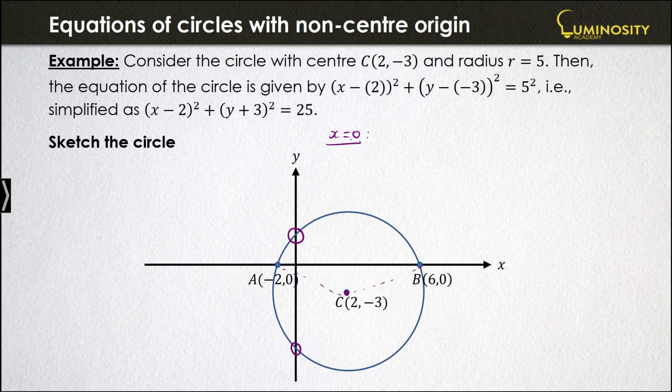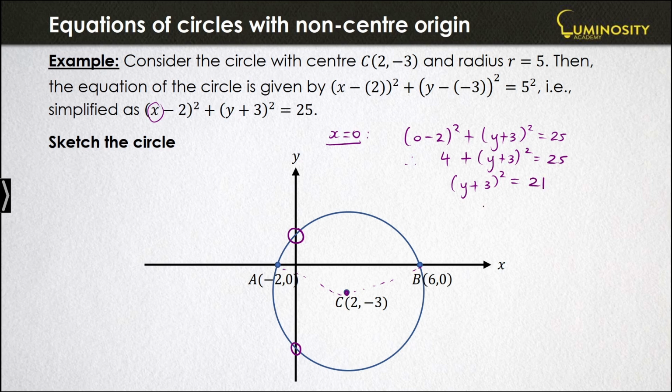So if you substitute x equals 0 here, you're going to get 0 minus 2 all squared, plus y plus 3 all squared equals 25. Negative 2 all squared is positive 4, plus y plus 3 all squared equals 25. If I subtract 4 on both sides, I get y plus 3 all squared equals 21. If I take the square root on both sides, now it's going to be plus or minus the square root of 21.